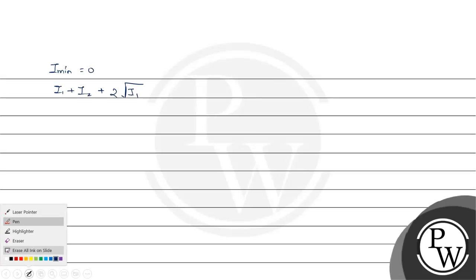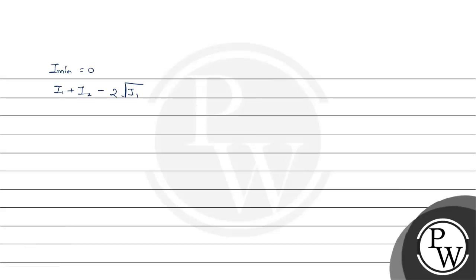From here we can say that I1 plus I2, sorry, it is not plus, it is minus 2 square root of I1 into I2 is equal to 0. From here we can see that I1 plus I2 is equal to 2 root of I1 into I2.